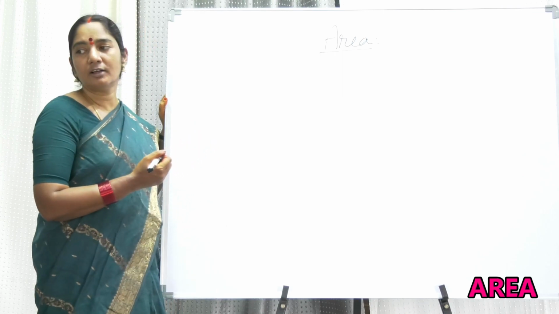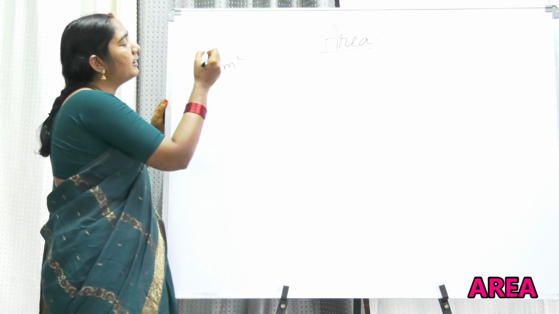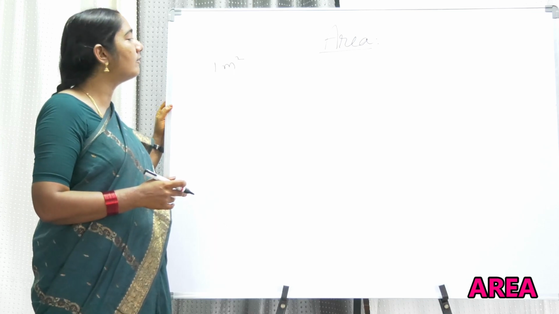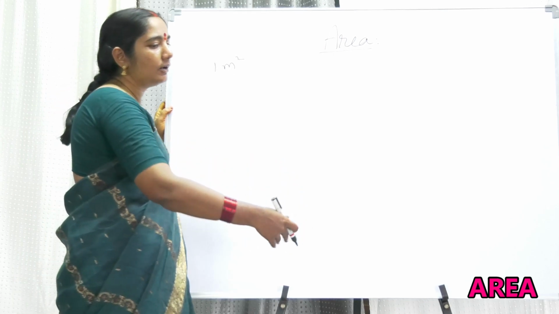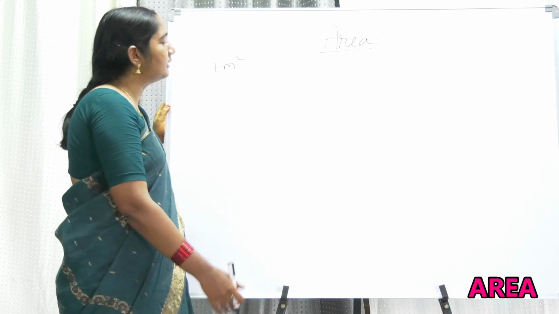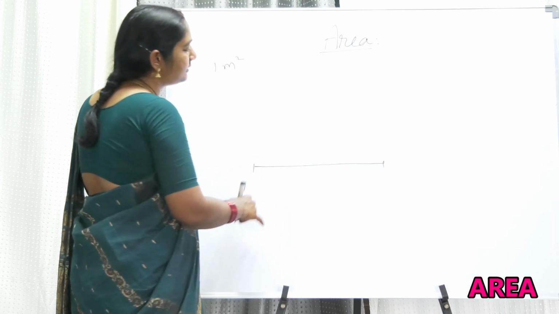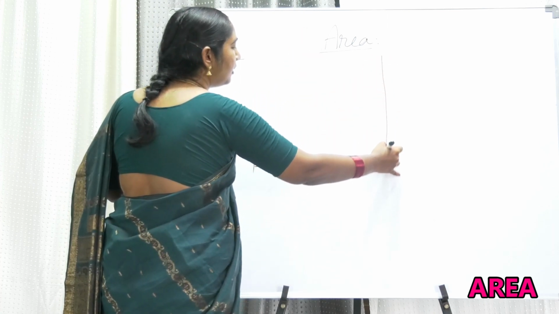So my dear friends, now 1 square meter, 1 meter square. Don't use paper; paper is not sufficient for you to draw 1 meter square. Just on the floor, or on the mud, take a 1 meter long line. Then take the perpendicular, again 1 meter long.